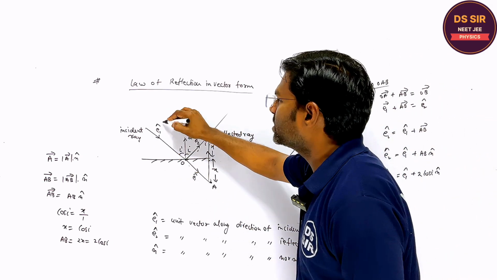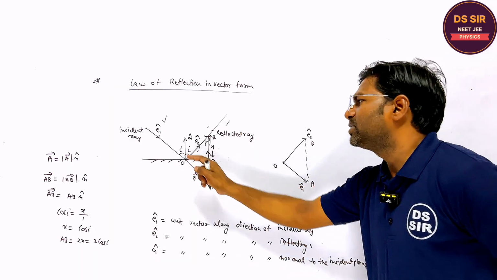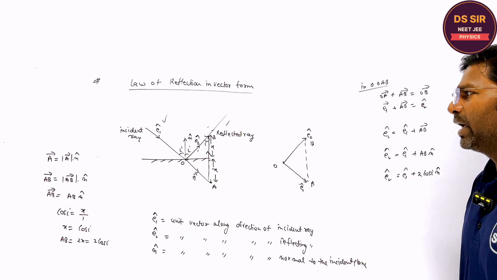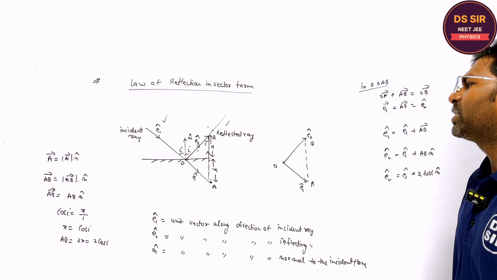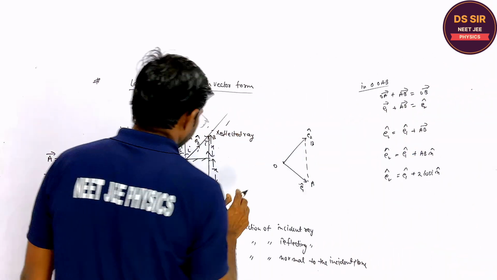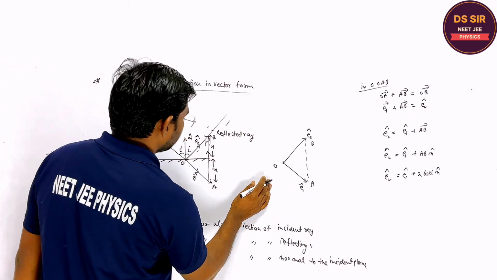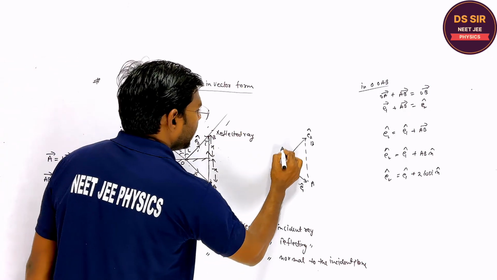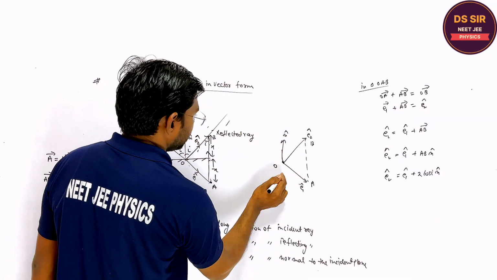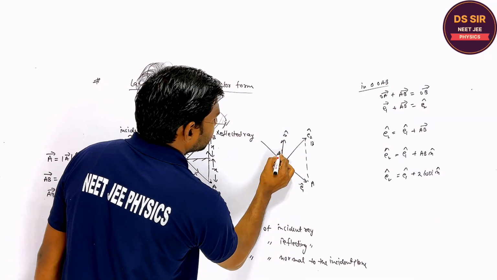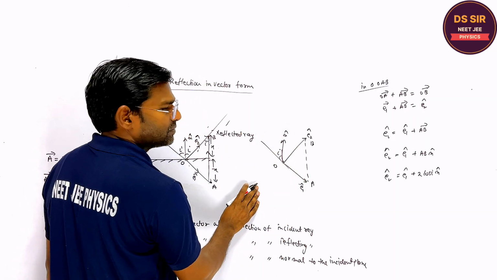We know this is known, and the E2 vector you have to find. The incident angle is I, suppose, and the normal vector you know, right? So what can you write? Listen here, if you consider this is the E1 vector and this is the n vector, and this angle is I, then what is the angle between the E1 vector and the n vector?